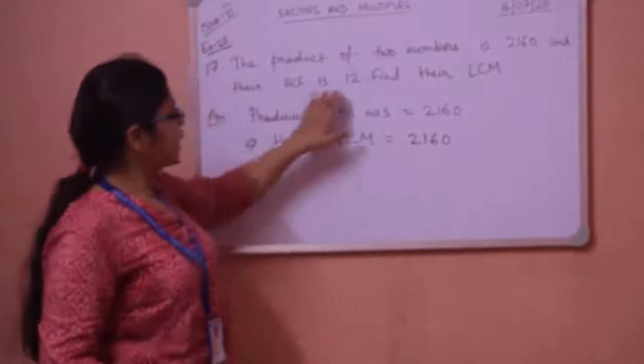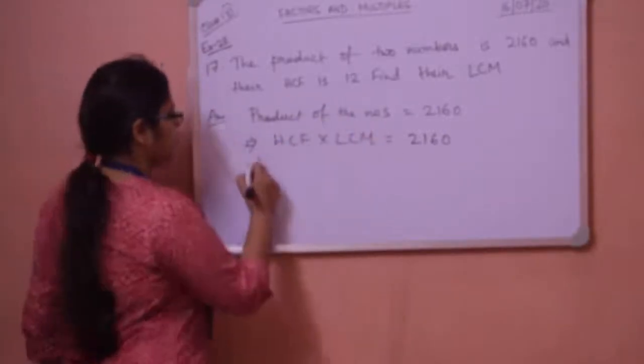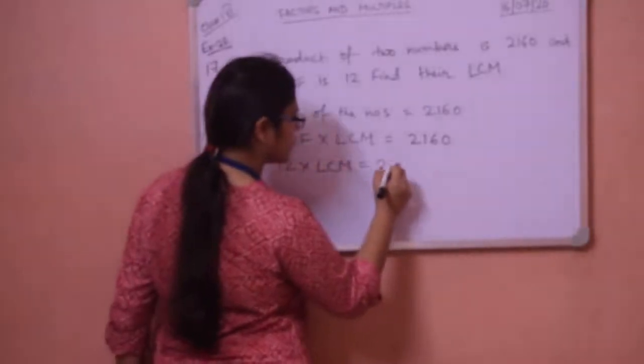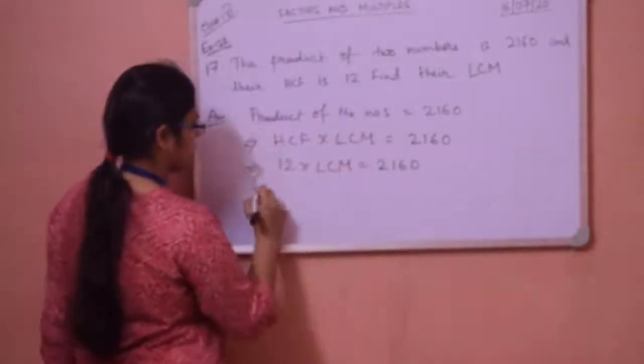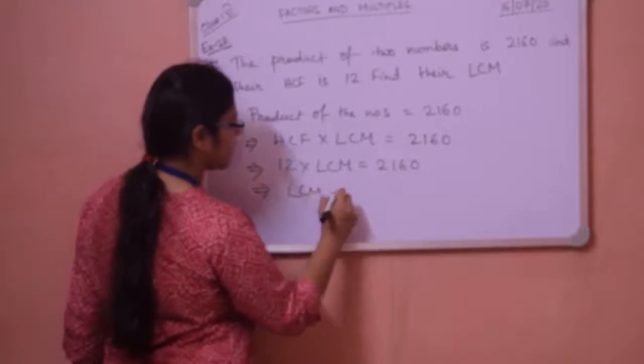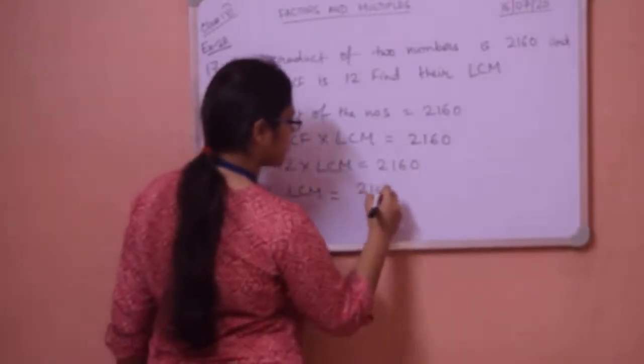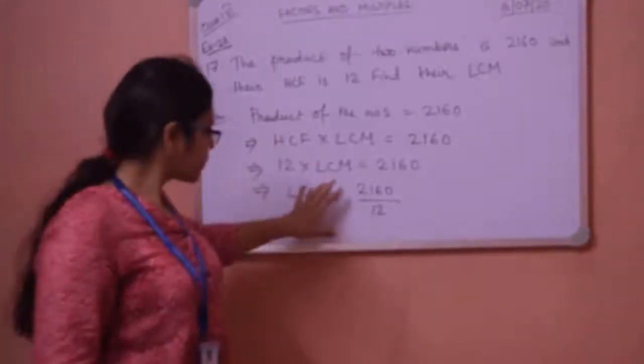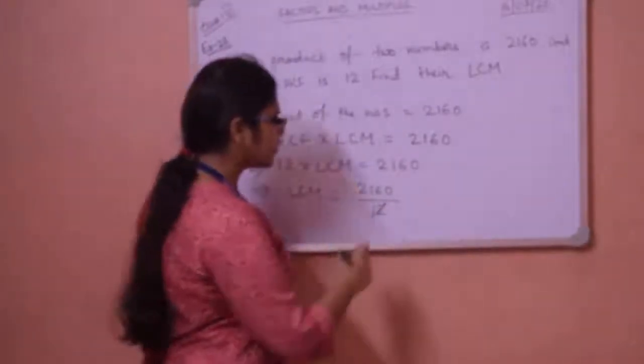Now see, the HCF is given as 12. So 12 into LCM gives us 2160. So which means LCM is equals to 2160 divided by 12. Now cancelling them, I am cancelling them with 2.